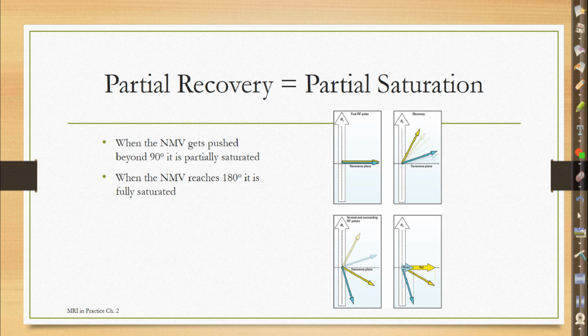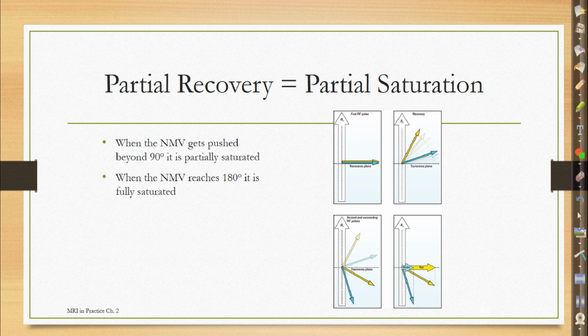Ultimately, both of these diminish signal because they're not on that transverse plane. What we're talking about is when we're delivering repeated RF pulses. We've talked about the excitation pulse, which is usually the first RF pulse that flips that vector into the transverse plane.